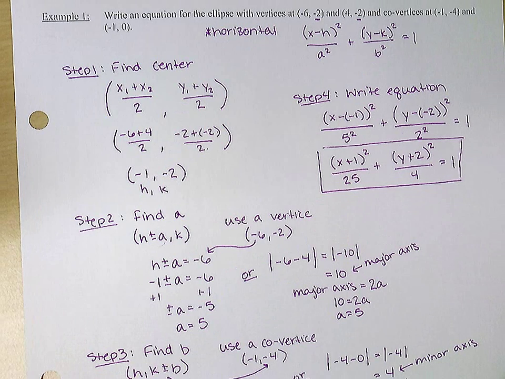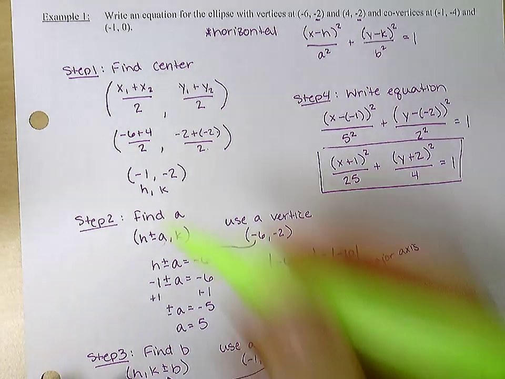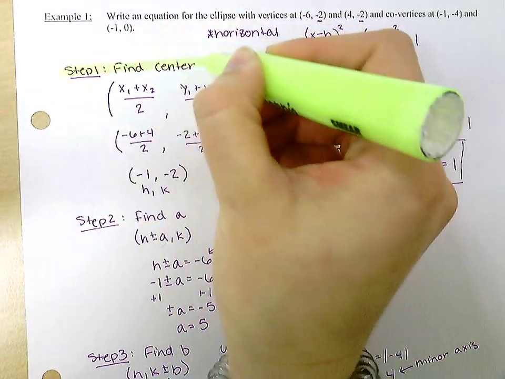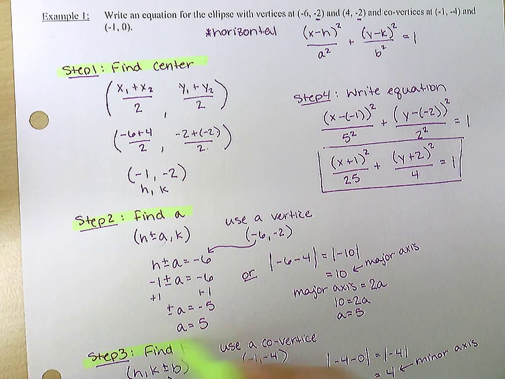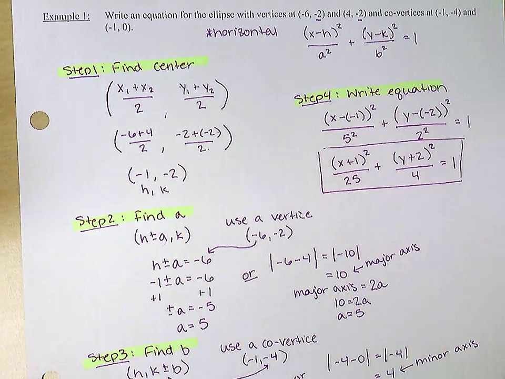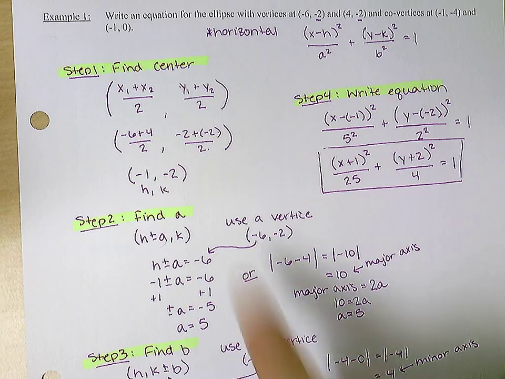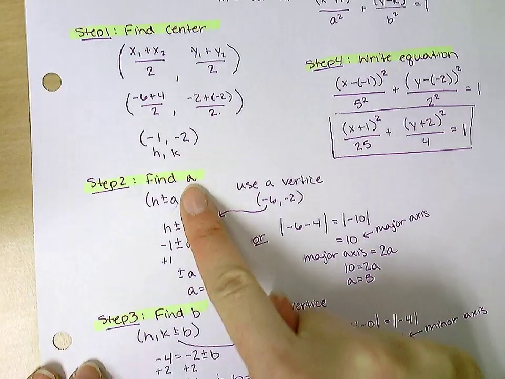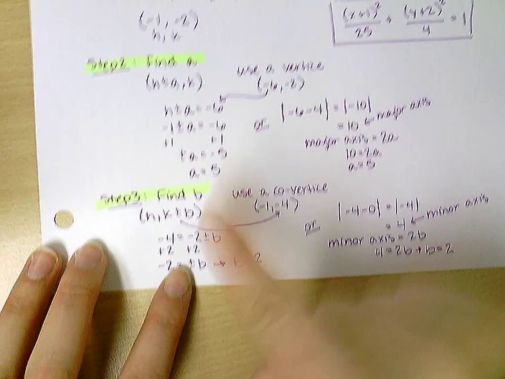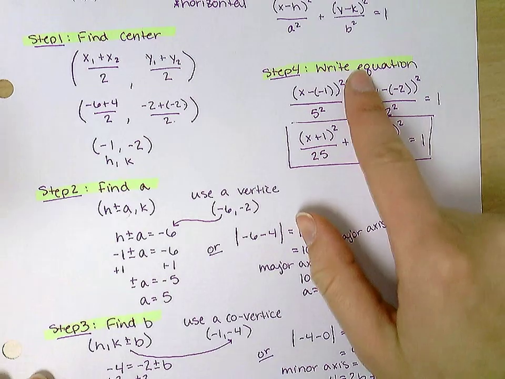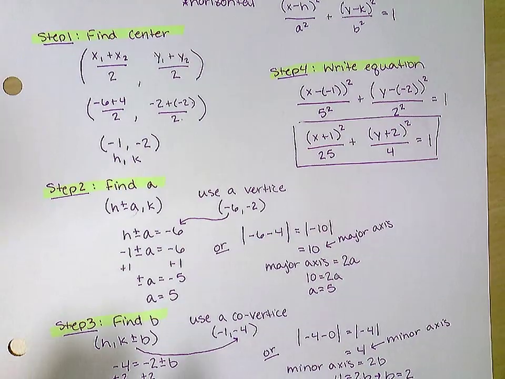Okay, so find the center, find a, find b, then write your equation. Those are each of your steps there: center, a, b, write the equation.